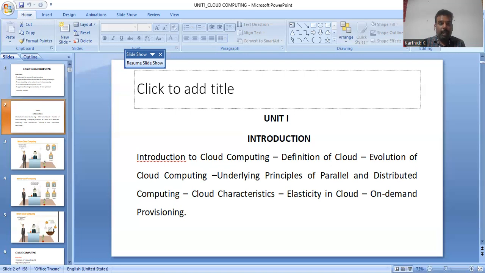Second type is private cloud. The private cloud allows systems and services to be accessible within an organization. It is more secure because of its private nature. For example, software industries like TCS, CTS maintain their own data. If an employee from one location wants to share information with another employee in another location, they use that private cloud.